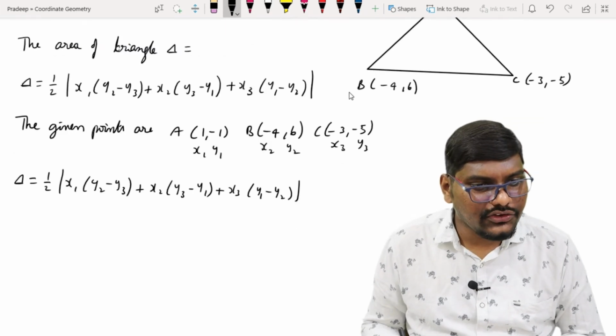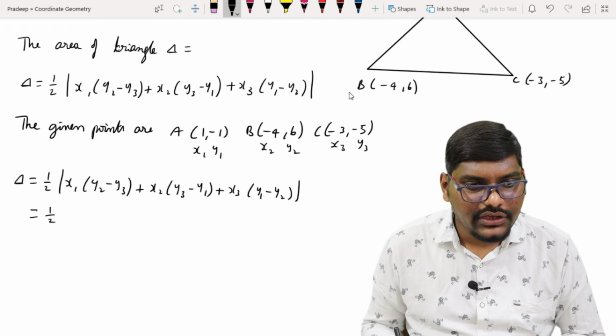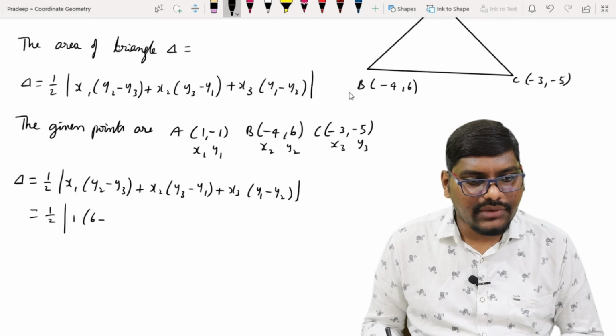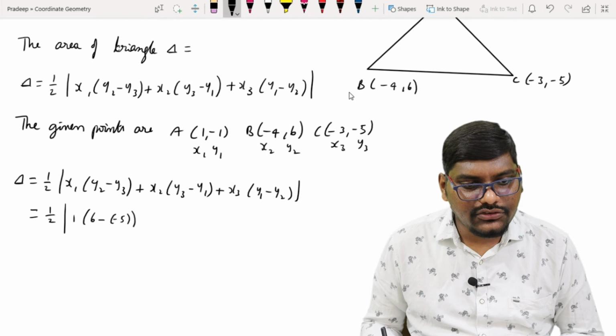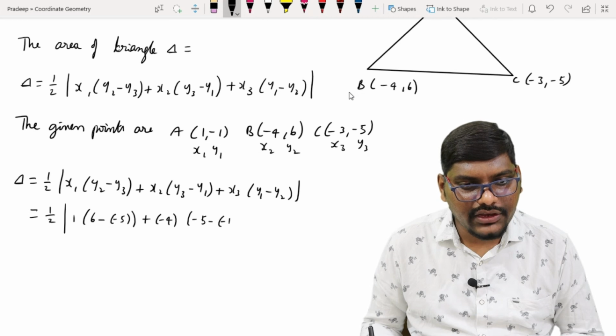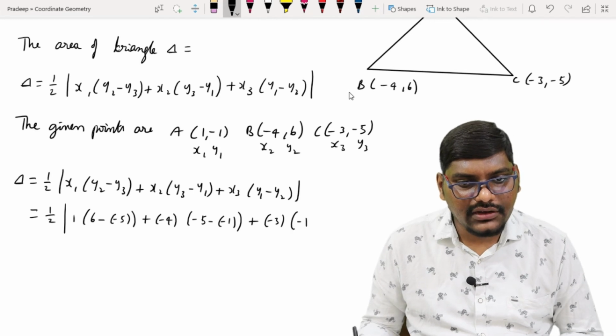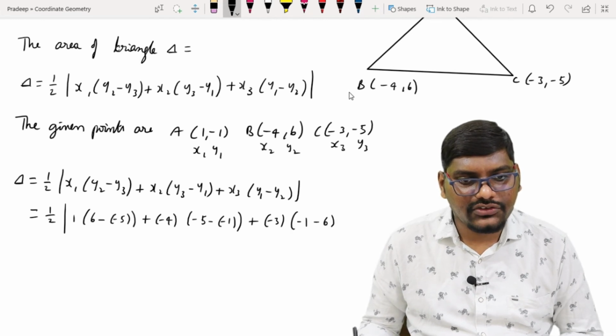Let's substitute the values: half into x1, it is 1, and y2 it is 6 and y3 it is minus 5, so 6 minus (-5); and x2 that is -4 and y3 it is -5, y1 it is -1, so -5 minus (-1); and x3 it is -3 and y1 it is -1 and y2 it is 6.